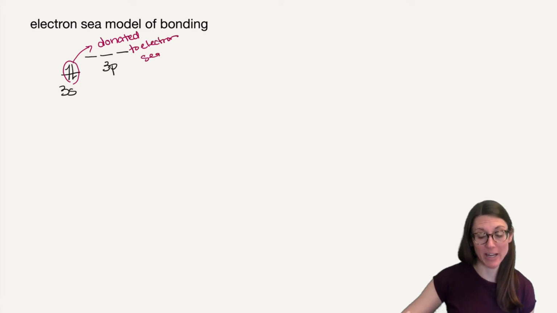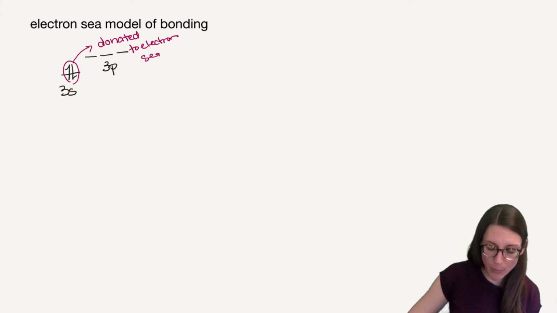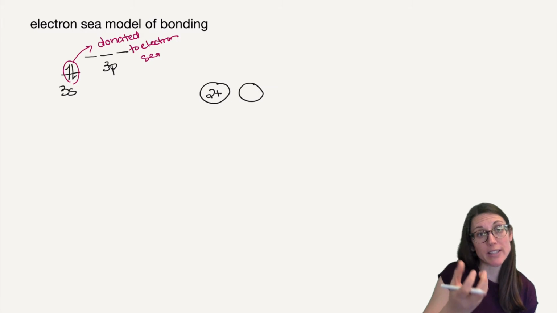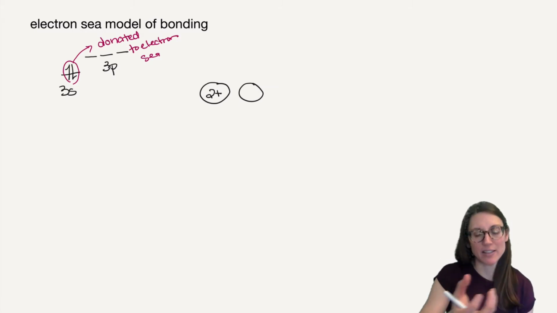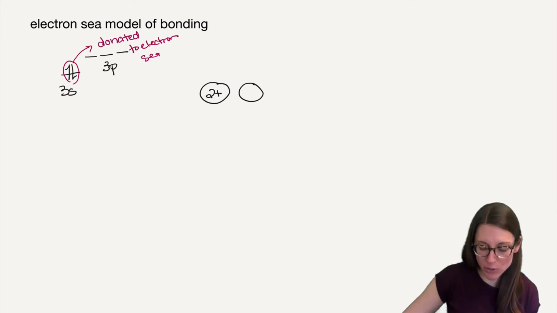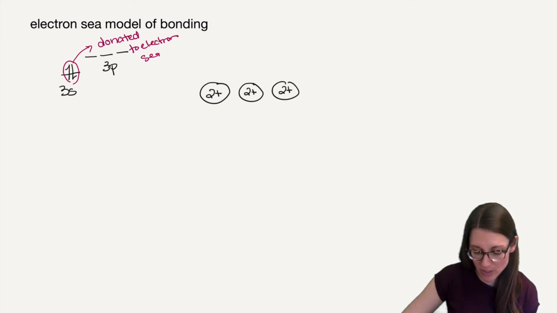All of the magnesium atoms do this. What you end up with is the remaining nucleus and inner shell electrons, which as a net will have a +2 charge since it lost 2 electrons into this electron sea. These metal cations will be arranged in the crystal lattice that we just talked about.